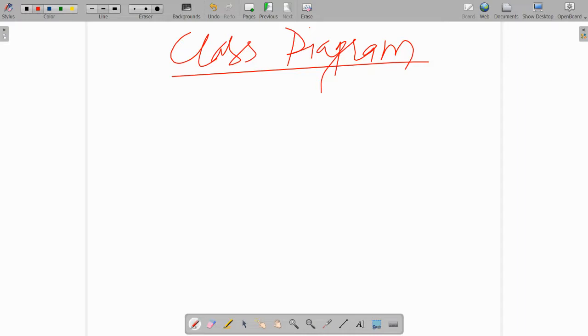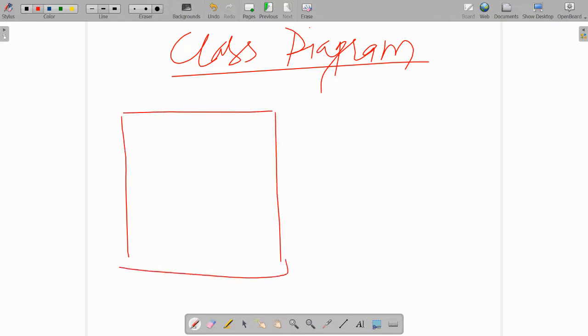If I have to show the class, it will have some properties, and there will be some additional information about the class. If I have to show that, you can show it in a box. This box will contain three parts. The first part will contain the name of the class.